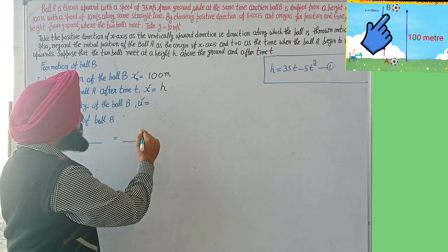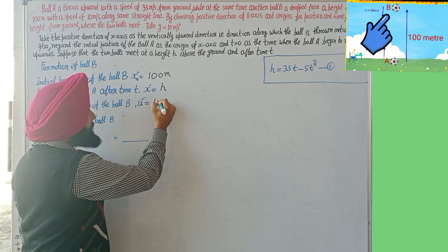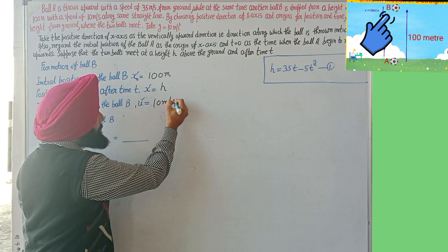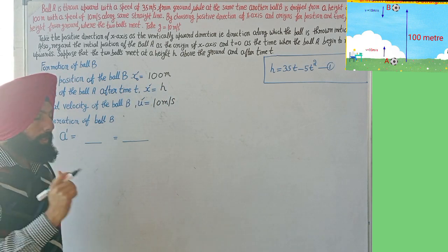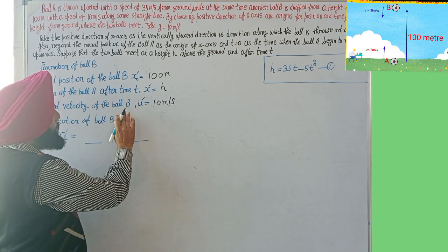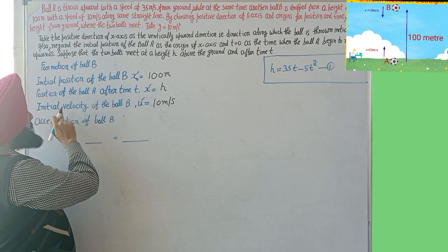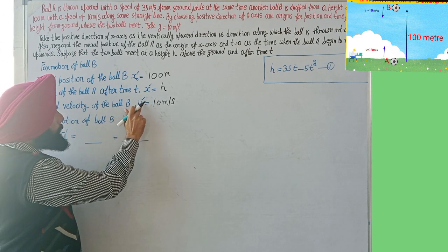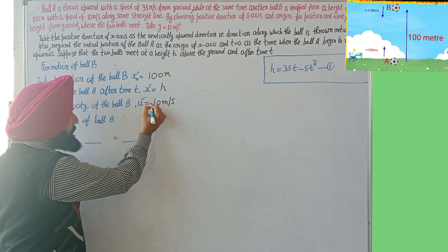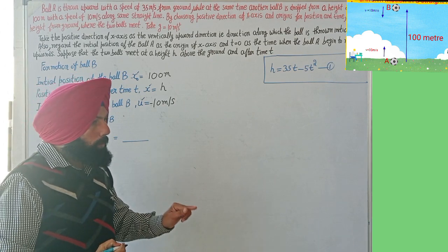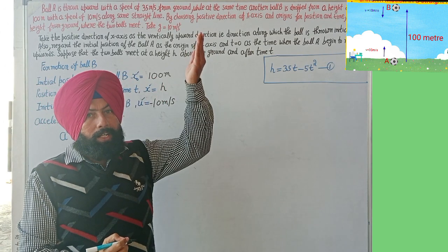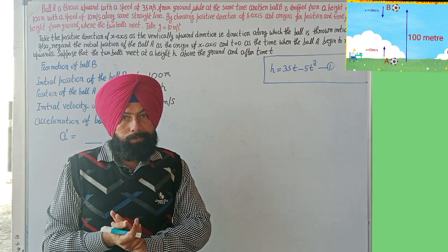Initial velocity of the ball, u dash, is given as 10 meter per second. Acceleration of the ball B. Now you have to remember, initial velocity of the ball B, u dash, is negative 10 meter per second. Why? For the ball A, which is going in the upward direction, we are taking positive.